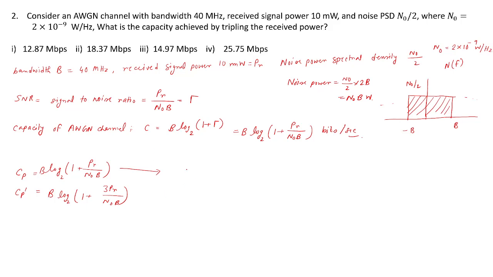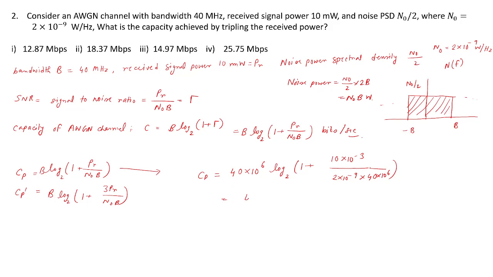So CP comes out to be, with B value 40 times 10 to the power 6, log base 2 of 1 plus PR, given as 10 milliwatt, so 10 into 10 to the power minus 3 if we are exact with our notion of watts, and N0 is 2 times 10 to the power minus 9, and B comes out to be 40 into 10 to the power 6.